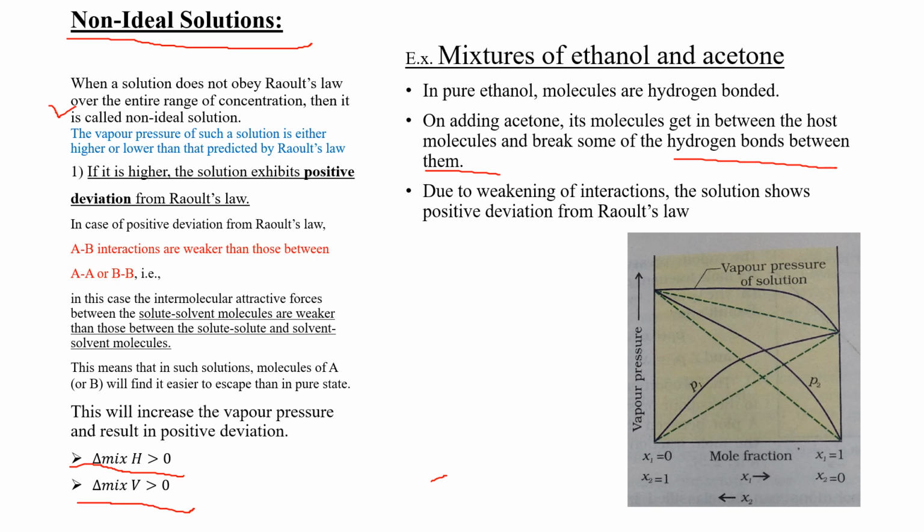The molecules of acetone and ethanol present in the solution have very weak interaction, and as they have very weak interaction in the solution, their molecules will escape to the vapor phase. As they escape, the vapor in the vapor phase will be more, and due to this the vapor pressure increases. On increasing the vapor pressure, the solution will show positive deviation from Raoult's law.